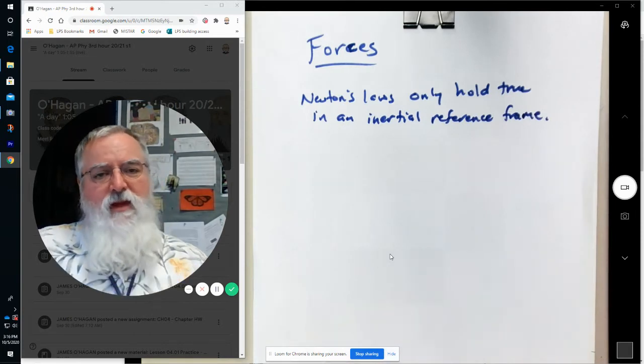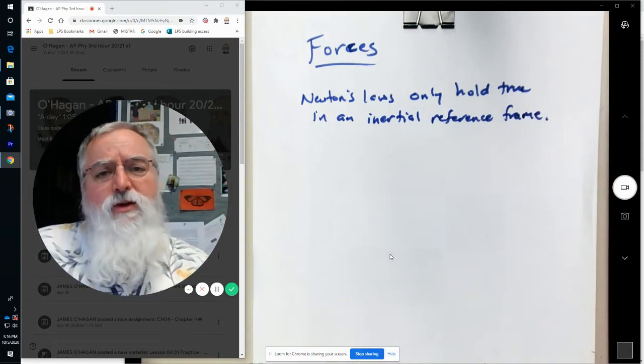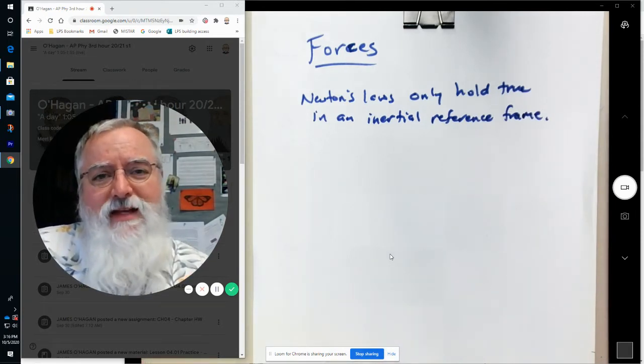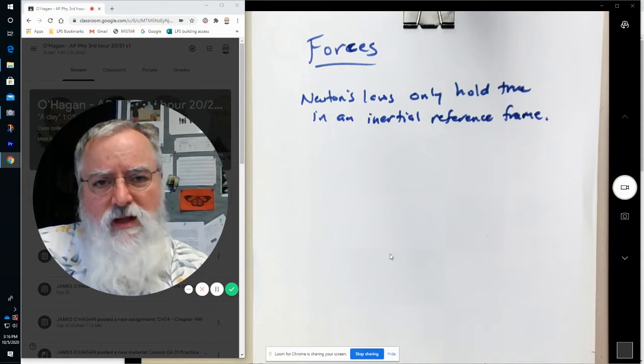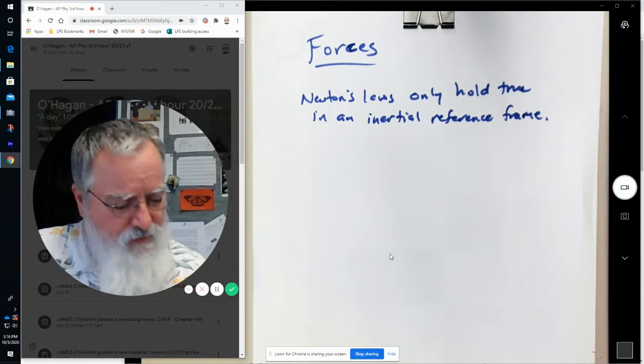Here's what this means. An inertial reference frame is any reference frame that is not accelerating. If you try to understand an object's motion and you're in a reference frame that's accelerating, Newton's laws won't help you that much.